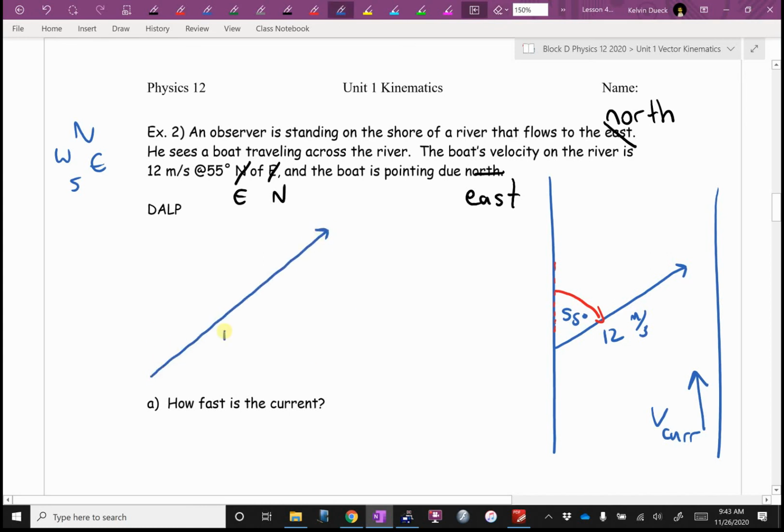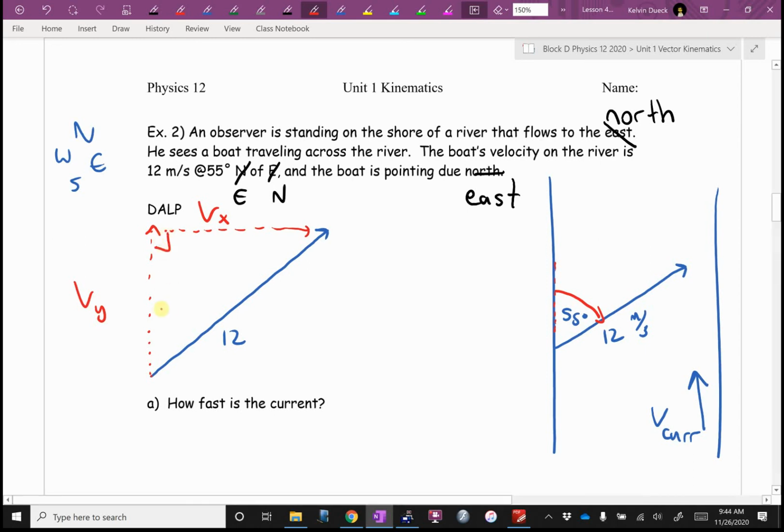There's the 12. And my components are going to be: this is Vy, also V current. This is going to be Vx, which I think is also V motor, because it does say the boat is pointing due east.